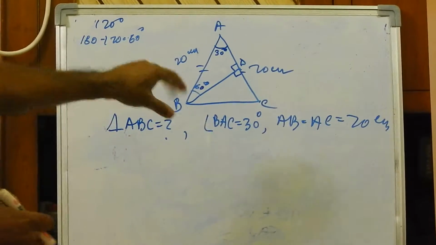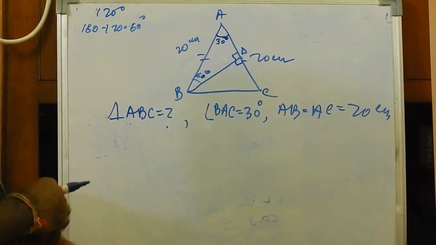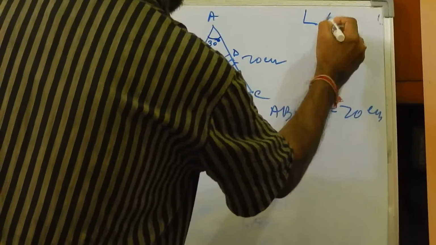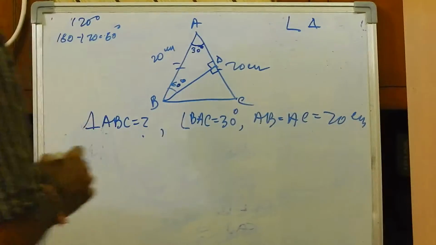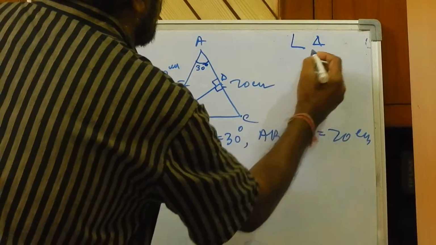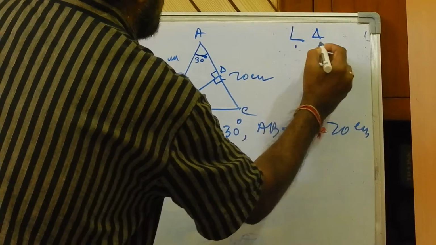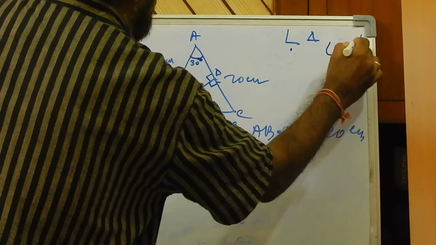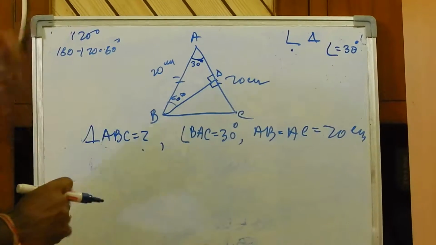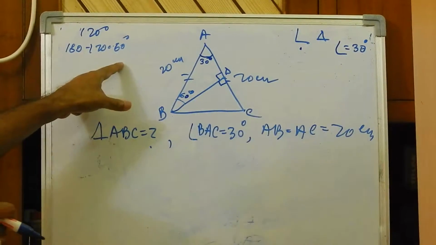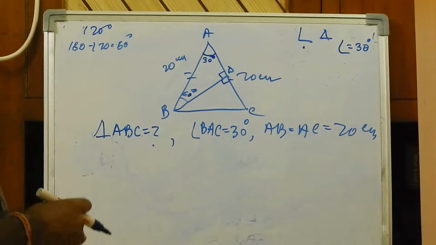use a theorem which says that in any right angle triangle, if one of the angles is 30 degree, then obviously the other angle will be 60 degree because it is mathematically proved.